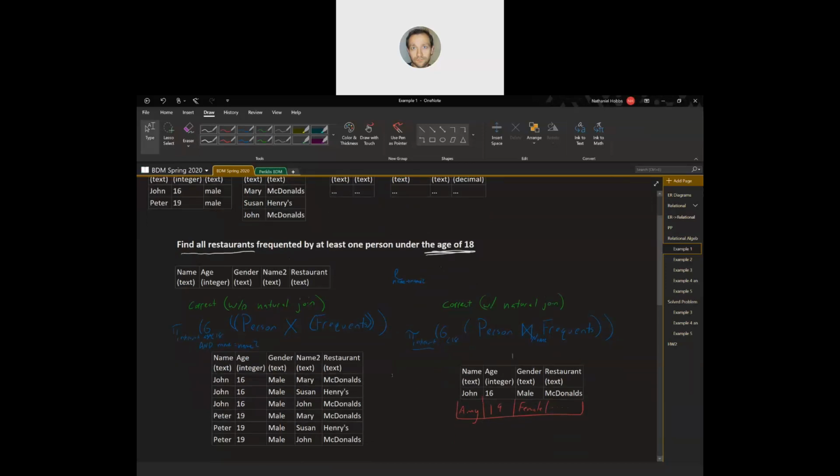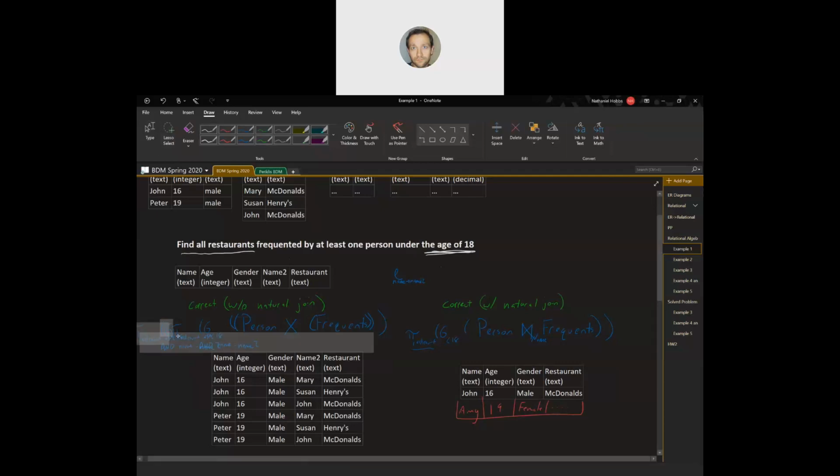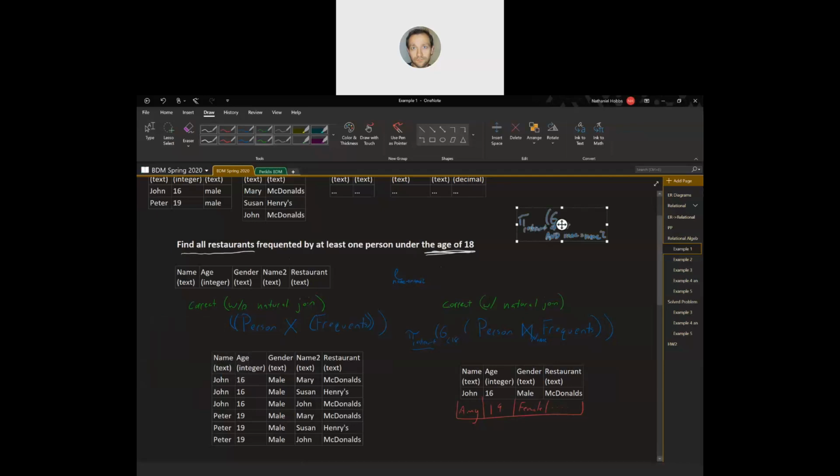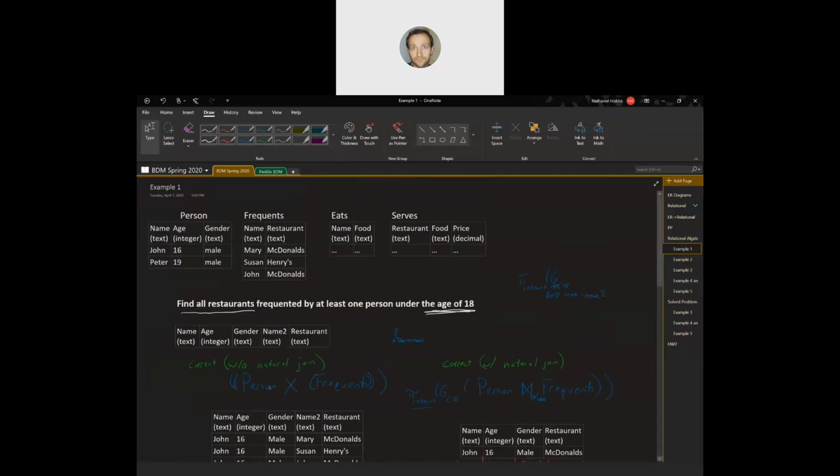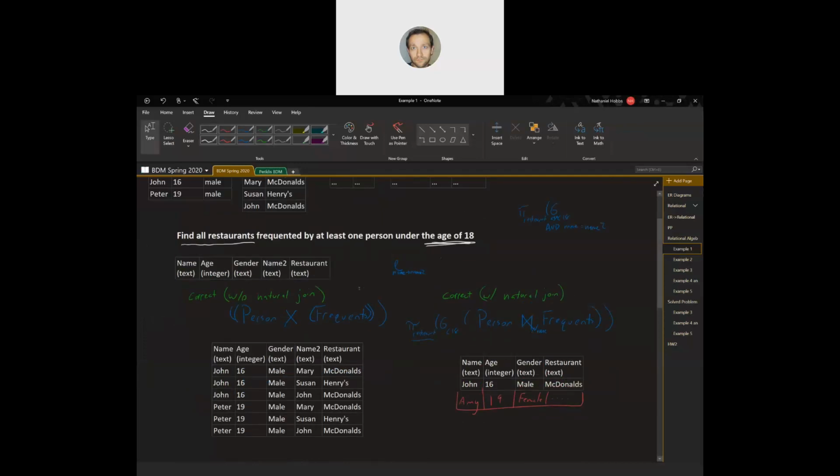Okay, so I'll try to go through this sort of step by step. First, we have the cross product. This cross product results in this table.